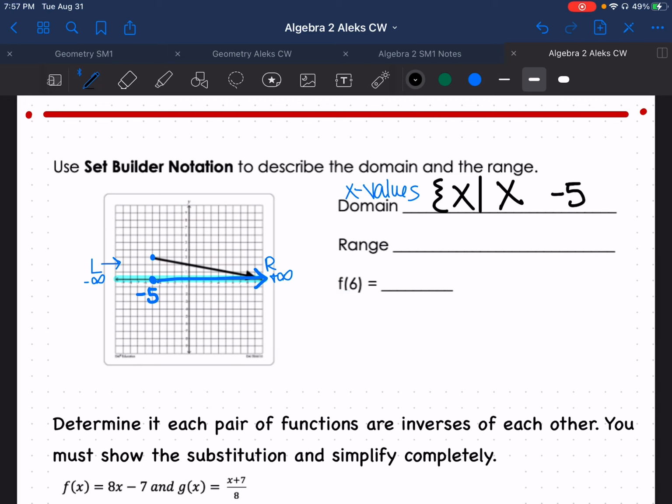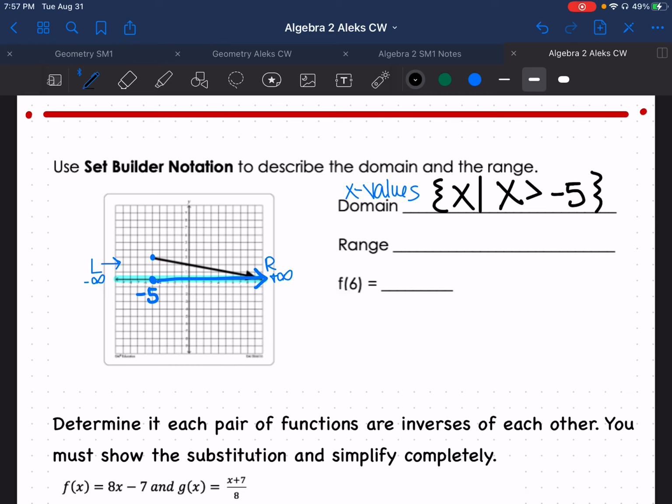That's all I have to decide. Are the numbers on that blue line bigger than -5 or smaller than -5? Well, the infinity that you see is going to dictate that. It's going to decide that for you. Since we are heading towards positive infinity, they are bigger than -5.